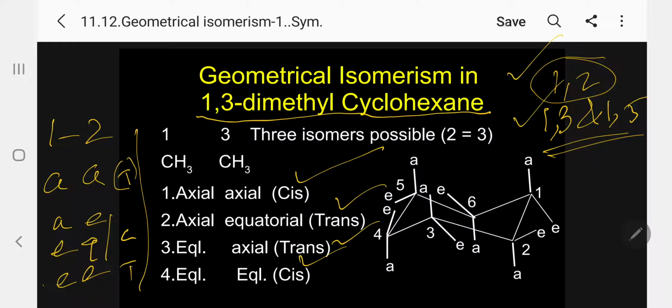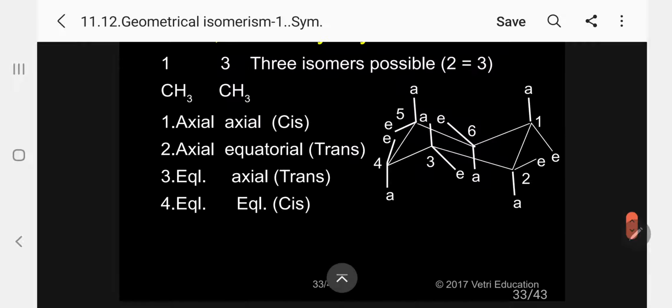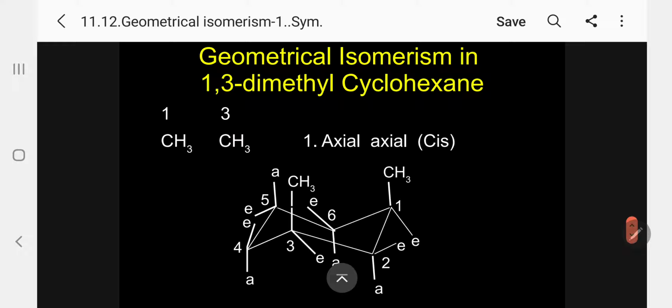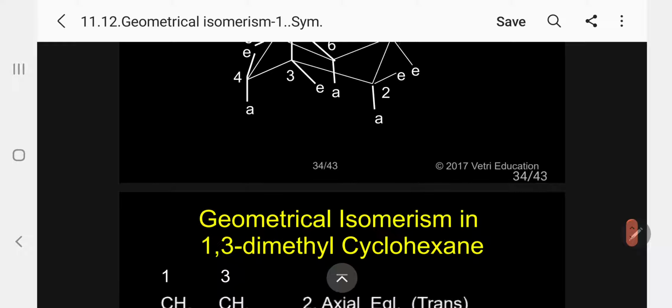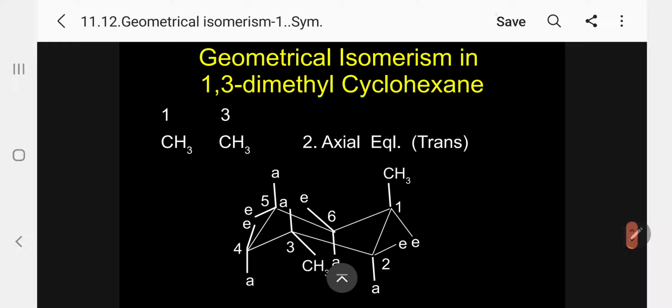So let me explain 1, 3 and 1, 5. You follow. The first example, 1, 3. See here, 1, 3 axial methyl group, and at 3 again methyl group in the same upward direction, cis. Kindly follow. Whereas if it is 1, 2 it is trans, so opposite is cis. Now second case, kindly follow. 1 is axial and 3 is equatorial.